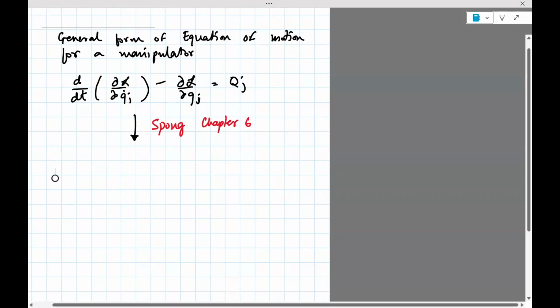It uses basically what is called index notation.